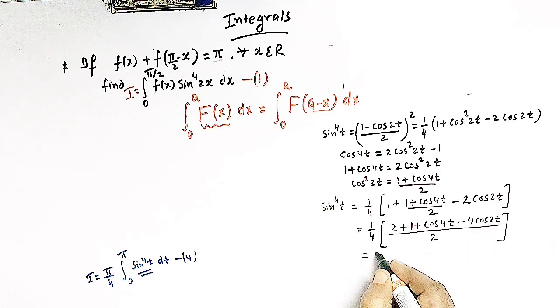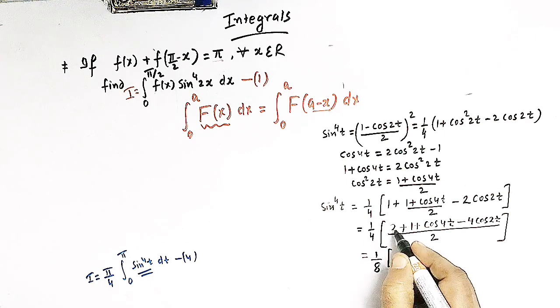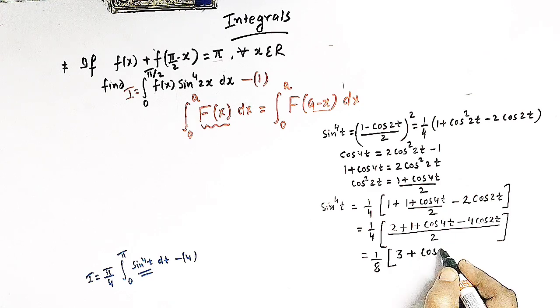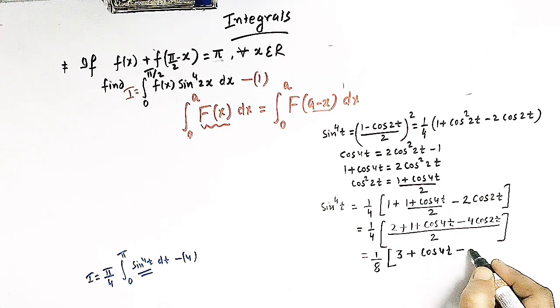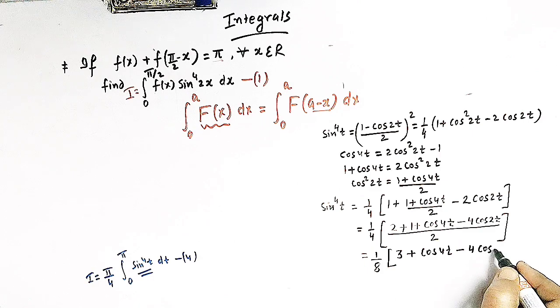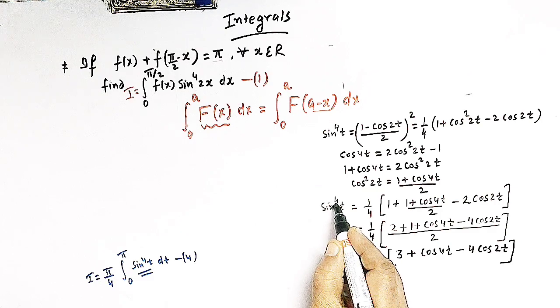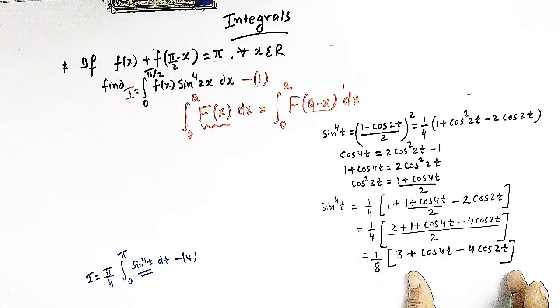So let us simplify it. So we have 4 times 2 is 8, and this is 2 plus 1, 3, and then we have cos 4t minus 4 cos 2t, right? So viewers, the value of sine t raised to 4 is given by this expression, right?